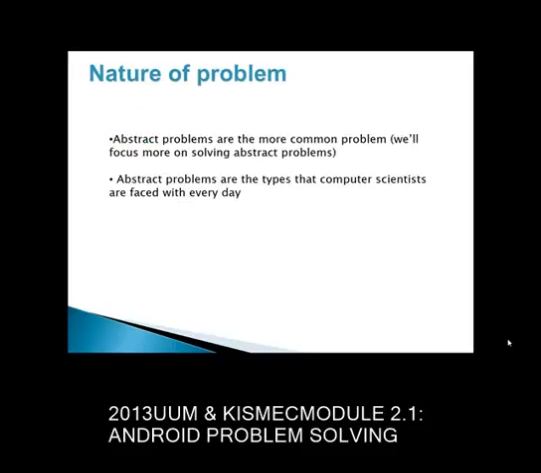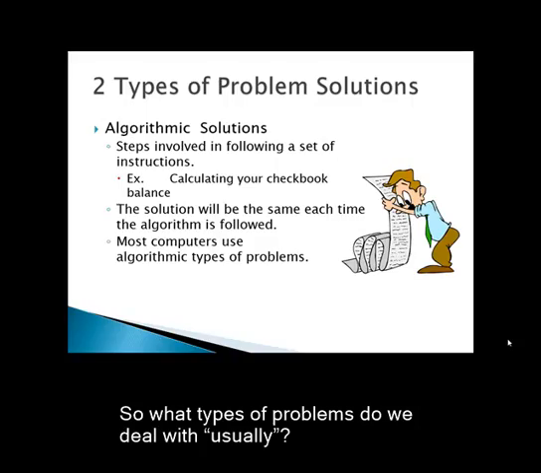So abstract problems are more common problems, and the applications that we develop tend to look into this kind of problem. Alright, so when we have a problem, we need a solution. So how do we present the solution?